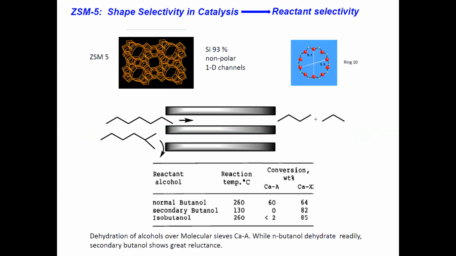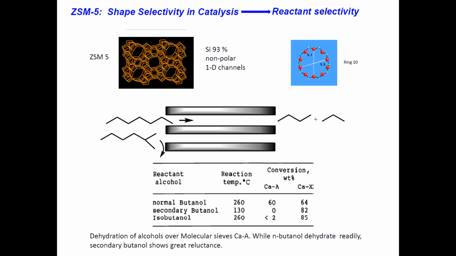So ZSM-5, again, the most widely used zeolite. This is used in shape selective catalysis, okay, reactant selectivity. So on the left-hand side top, you can see the structure of the zeolite, okay, and silicon is 93%. It has one-dimensional channels.